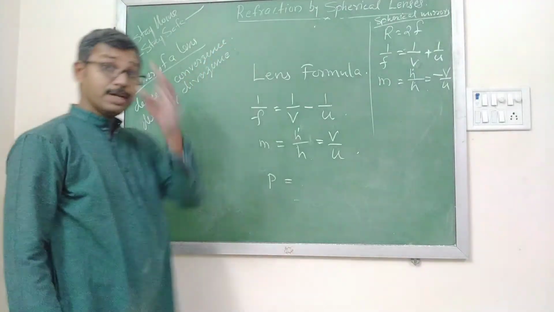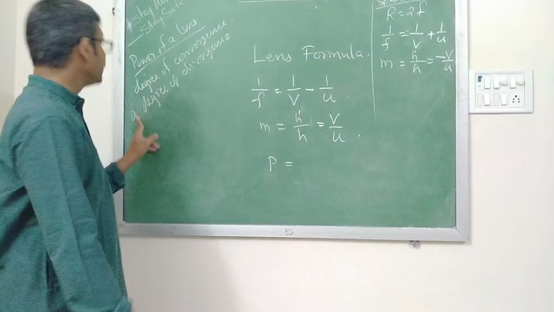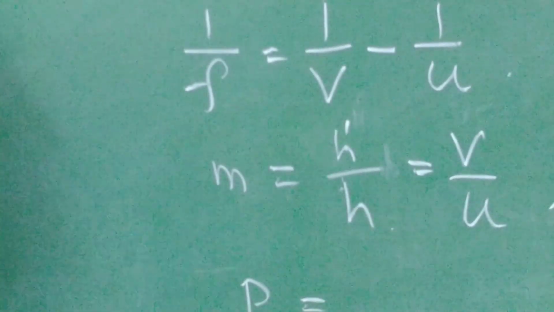Look here, the degree of convergence in the case of the convex lens, and the degree of divergence in the case of the concave lens. This is the power of the lens.